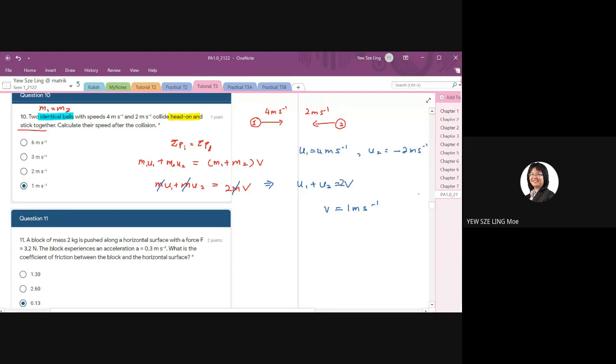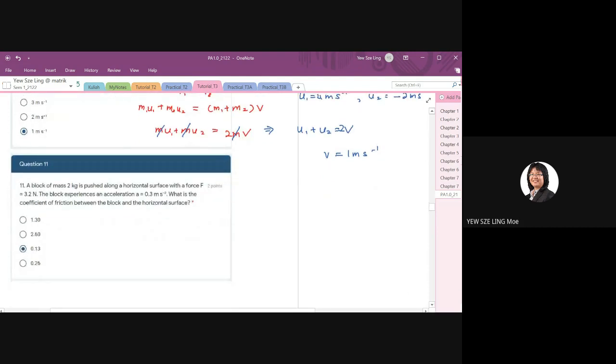Oh, this is 2V, sorry. All right, so eventually you obtain V equals 1 meter per second. So very simple, as long as you got the idea of what it means by identical, what it means by head-on collision.